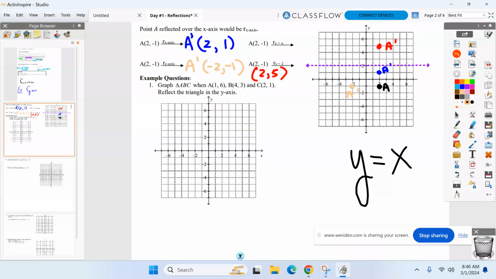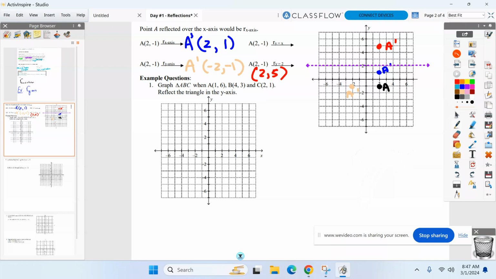The y becomes your x, and the x becomes your y. In a nutshell, flip them. When you reflect over the line y equals x, you flip the coordinates.